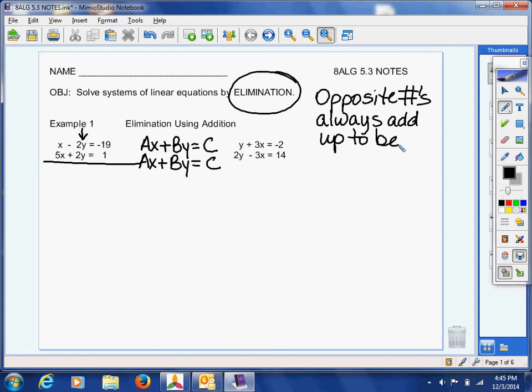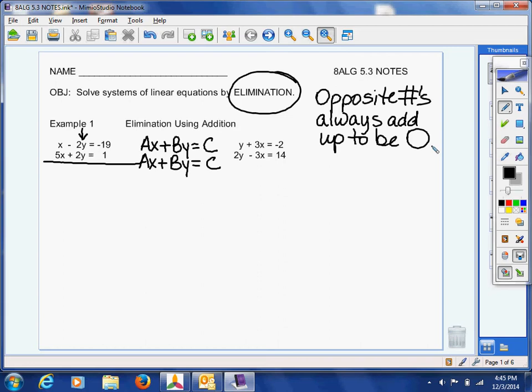And I hope you said 0, because that is what happens. So if I asked you, what's negative 7 plus 7? You would say 0. What's 2 plus negative 2? 0. 1 plus negative 1? 0. Opposite numbers always add up to be 0.